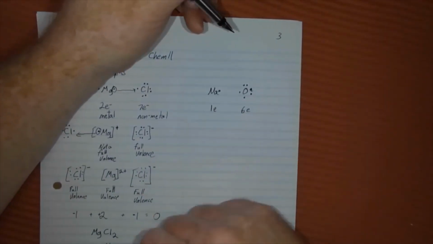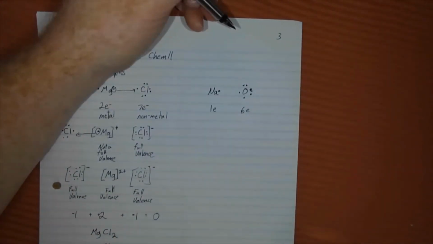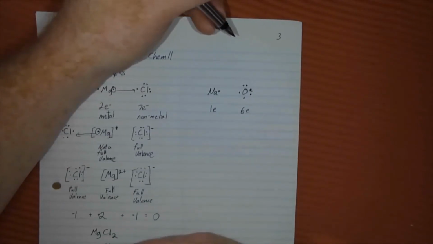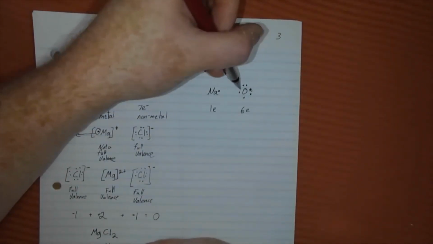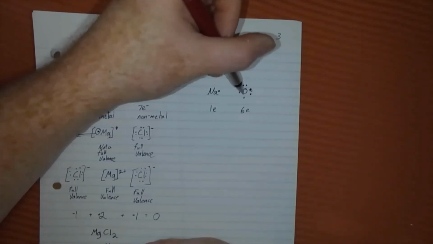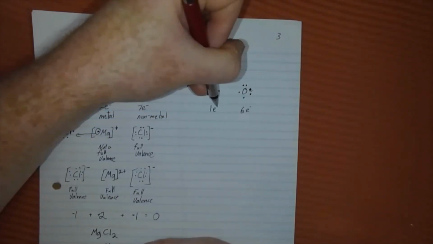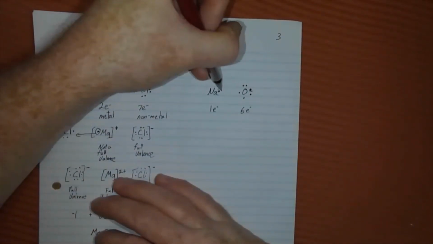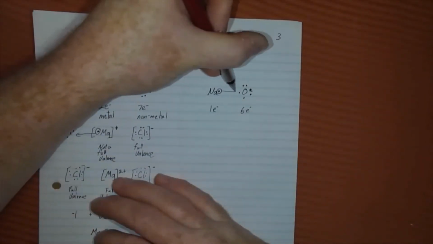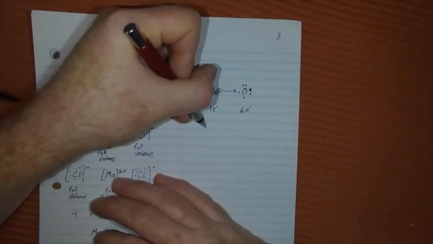What's sodium going to want to do? Is it going to want to gain 7 electrons or remove 1? It's going to want to remove 1. What's oxygen going to want? Well, it's at 6. It can gain 2 electrons more easily than removing 6. So what happens is, sodium can give you 1.